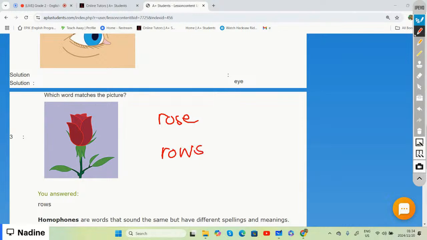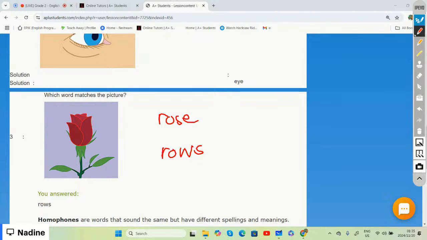Another word for this rose is basically your aisles. It's like you're going to the movies and you say, I sit by row H, number 5. So that is what rows means.